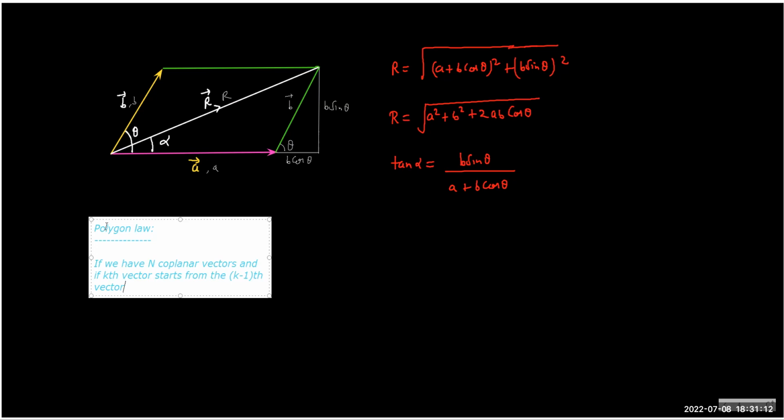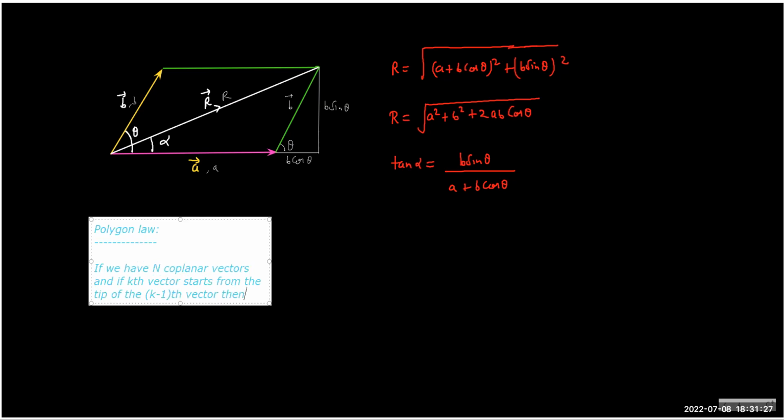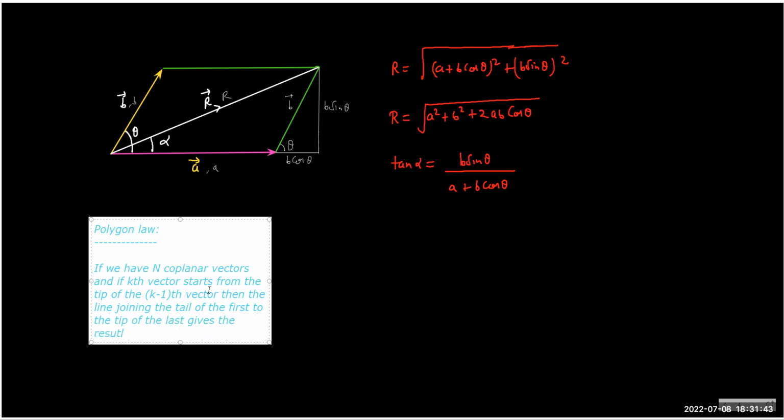So if any vector starts from the tip of the previous one, then the line joining the tail of the first to the tip of the last gives the resultant vector.